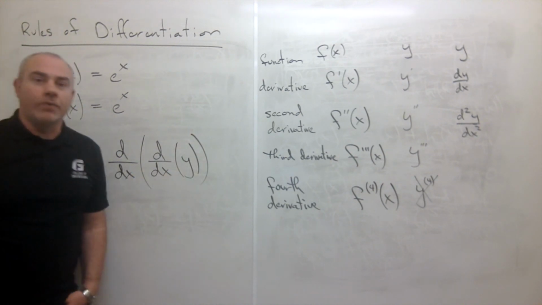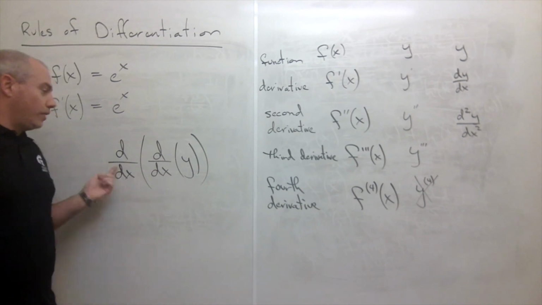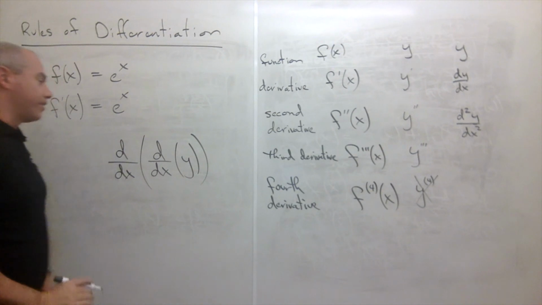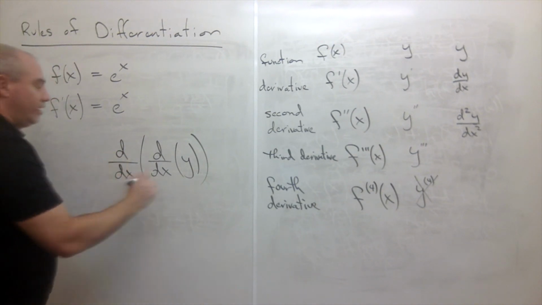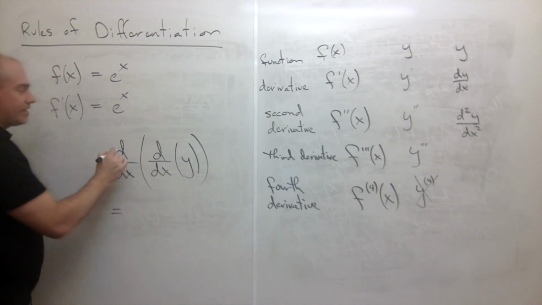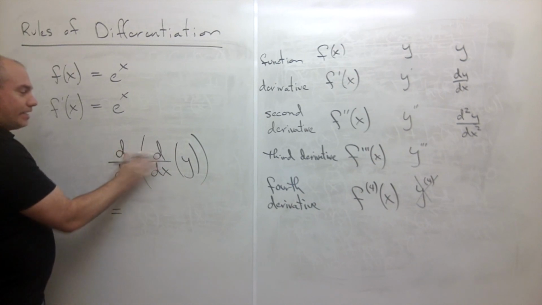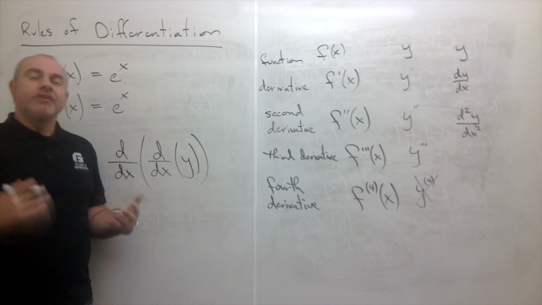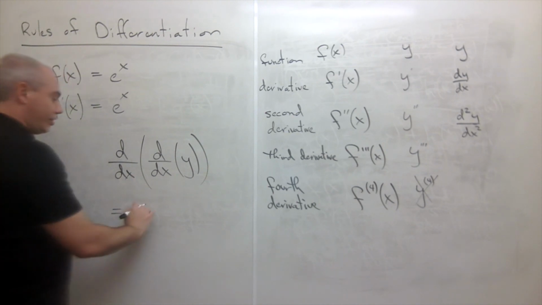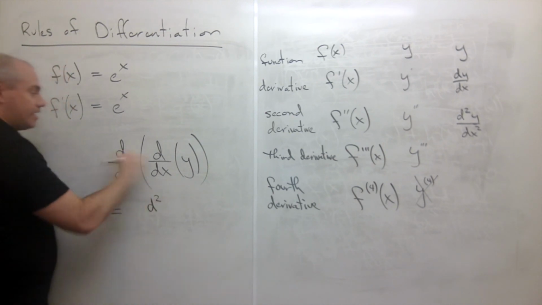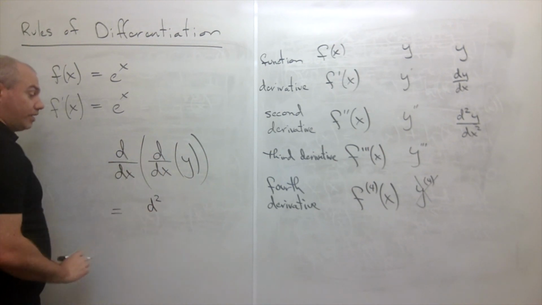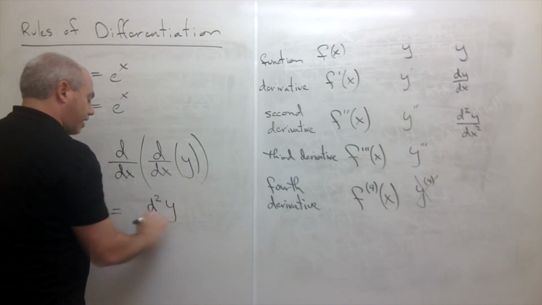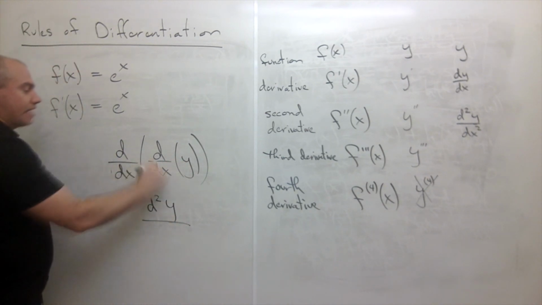So what we do as mathematicians is sometimes we don't want to write all of this, so let's just squish it all together. And when I squish it together, I get, well, it's kind of like a d and a d. Am I multiplying d's together? Not really, but it's more notation-wise. I'm just saying there's a d and a d on top, so let's call it d squared. And then there's a y on top. And on the bottom, I have a dx and a dx.